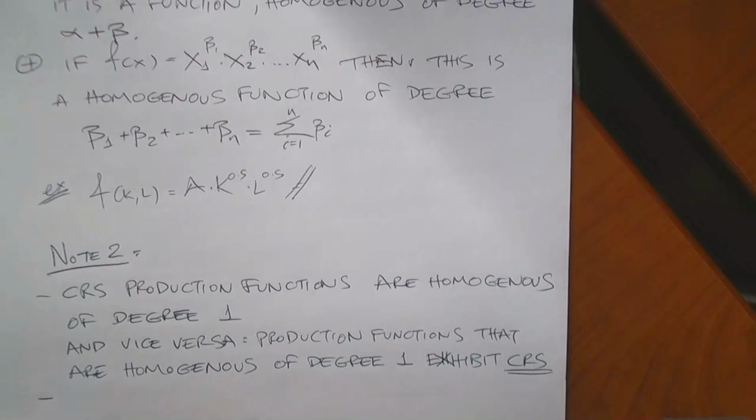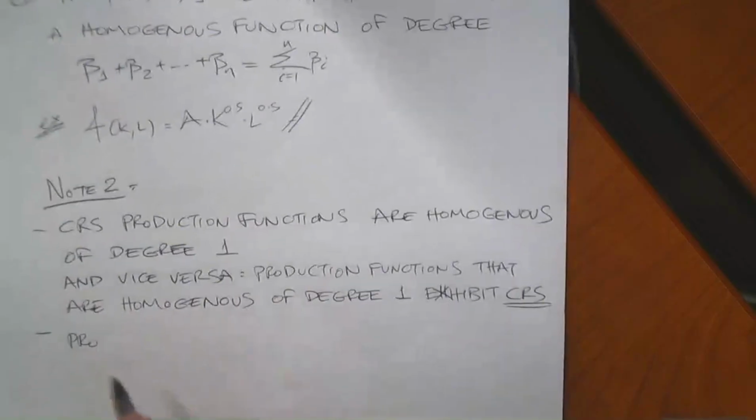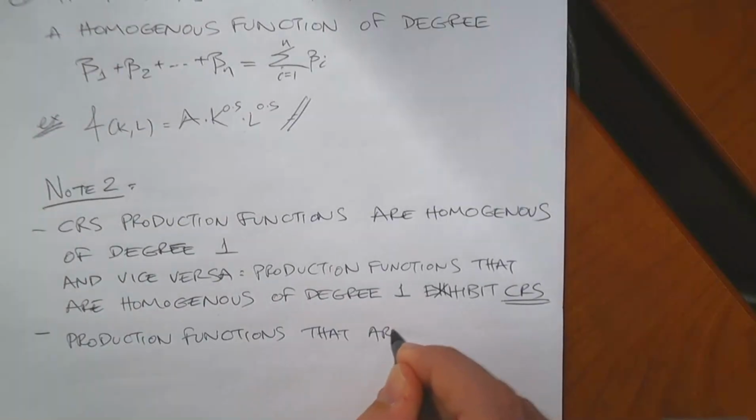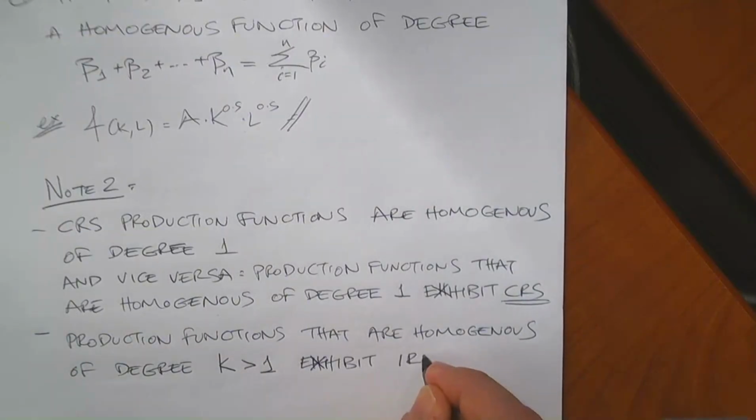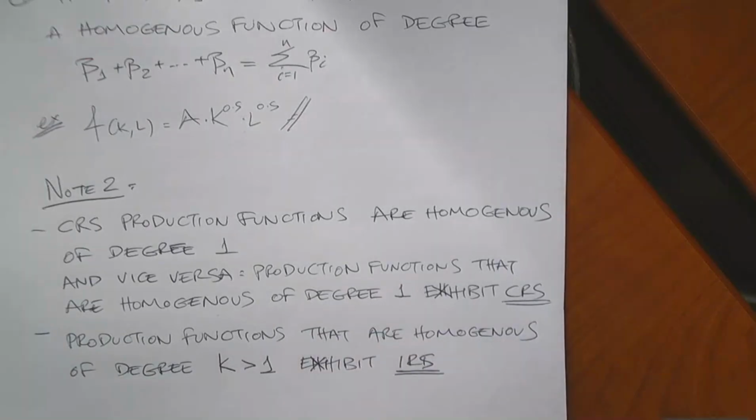We also have the case for increasing returns to scale. So here we're going to say that production functions that are homogeneous of degree k greater than 1 exhibit increasing returns to scale. But not all increasing returns to scale functions are homogeneous of degree k greater than 1. So this is essentially a special case.